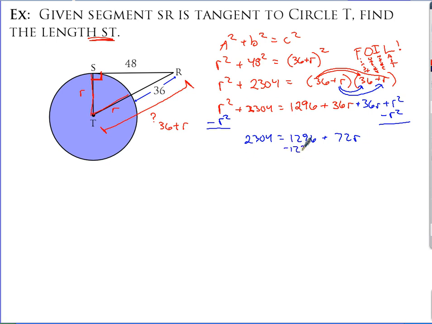Subtract 1296. And you get what? 1008 equals 72R. Then what do I do? Divide both sides by 72. And we get R is equal to what? 14.